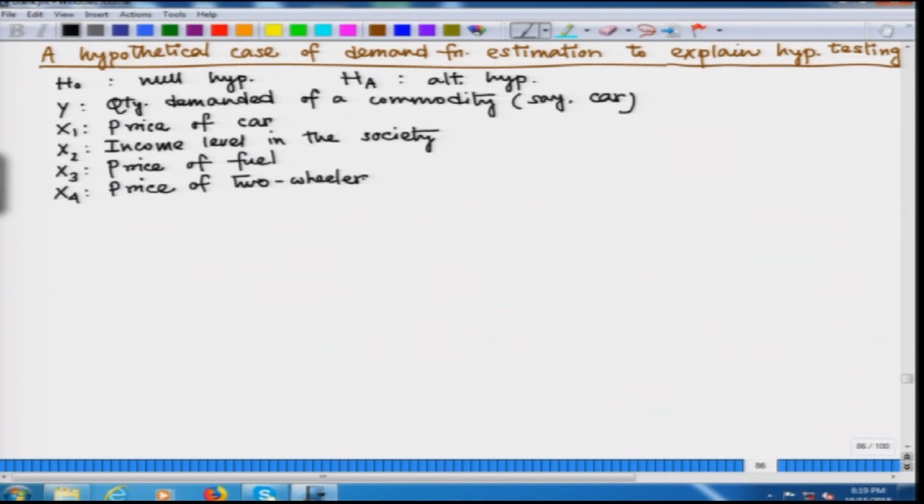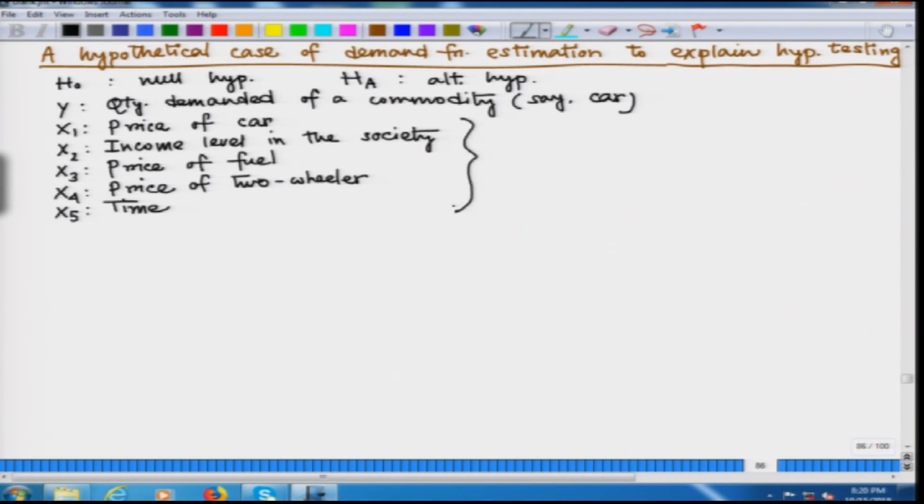There could be another one like the role of time, because tastes and preferences change and economic conditions do change as well. So, in a nutshell there could be a host of x factors which could explain variation in y, but let me just work with only 2 of them as of now.